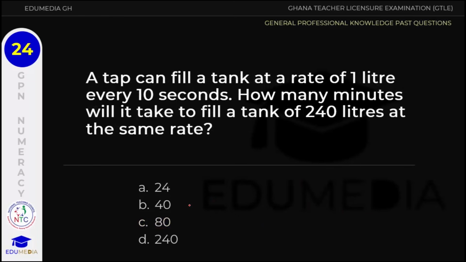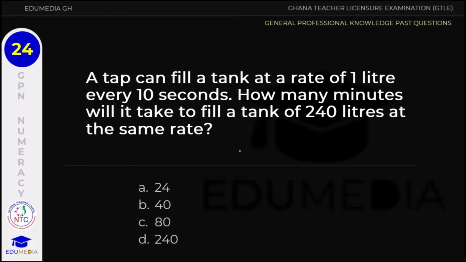A tap can fill a tank at a rate of 1 liter every 10 seconds. How many minutes will it take to fill a tank of 240 liters at the same rate? So this also, we have to do the conversion. First of all, I want to look for the rate that it will take for us to fill the liters.